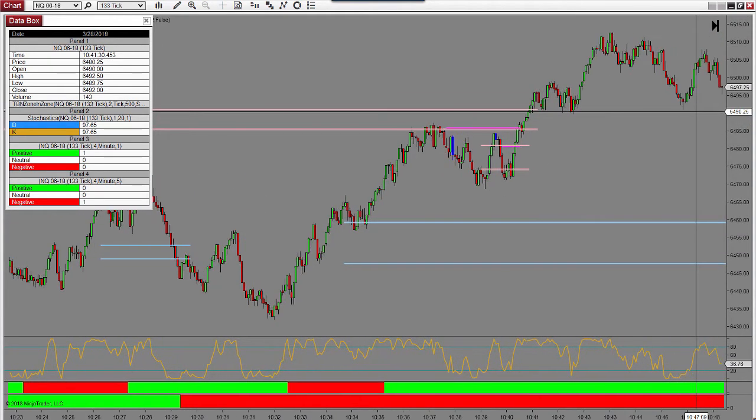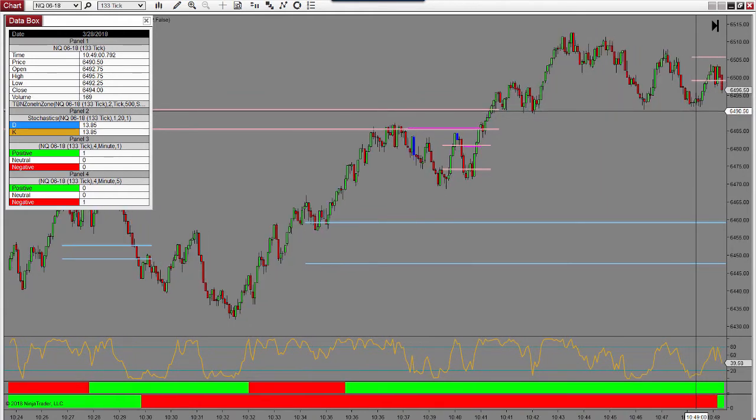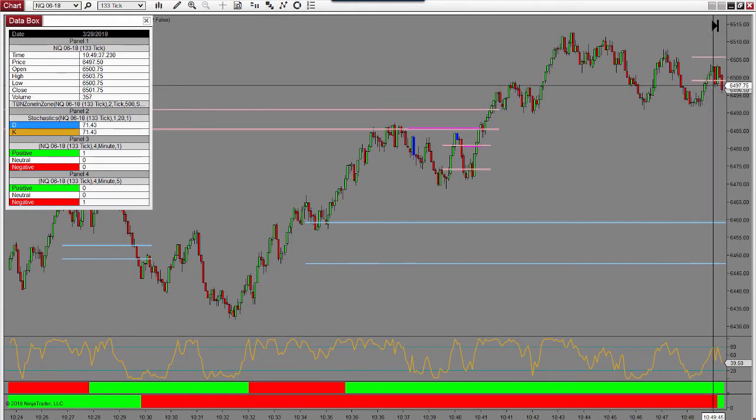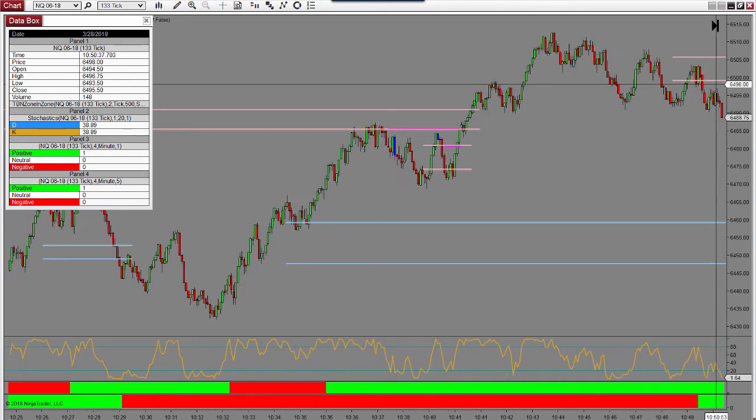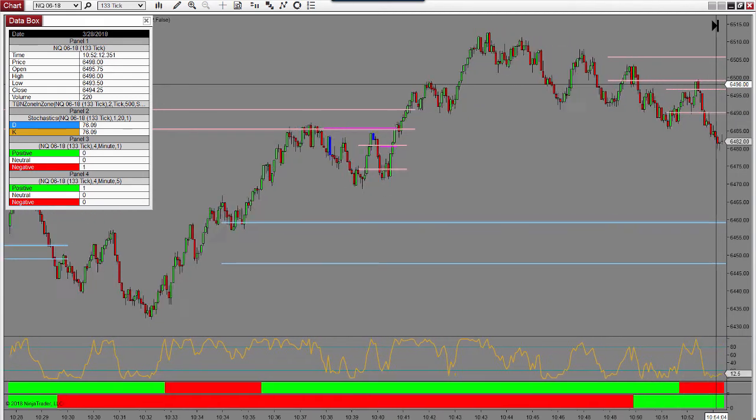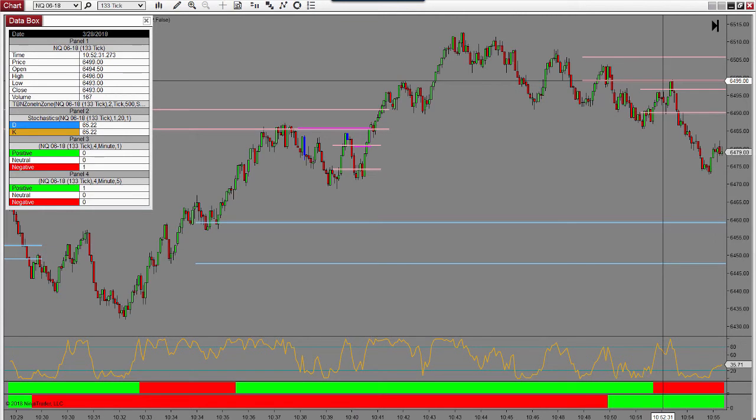Okay, so now wait for the next zone. I am not oversold. Actually, I am at 80.36, so there's no divergence. And then I go green and green, so there's no trade. Ooh, that's too bad.